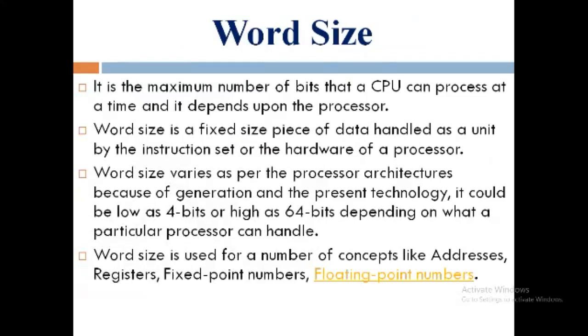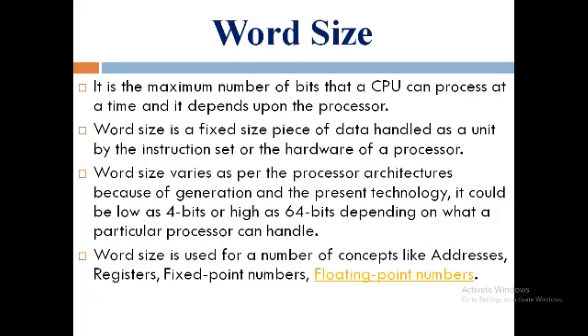Then the next topic is word size. It is the maximum number of bits that a CPU can process at a time, and it depends upon the processor. Word size is a fixed size piece of data handled as a unit by the instruction set or the hardware of a processor.